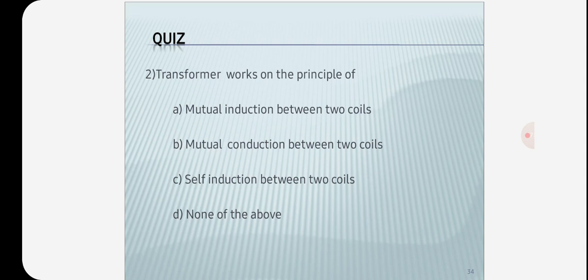In the primary winding a self-induced EMF is produced. In the secondary winding it induces a mutually induced EMF. So the answer is mutual induction between two coils. That's why the voltage can be stepped up and stepped down without any wiring contacts. The answer is A.